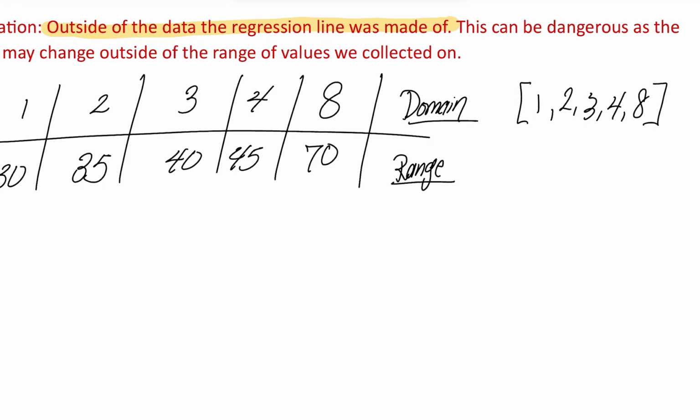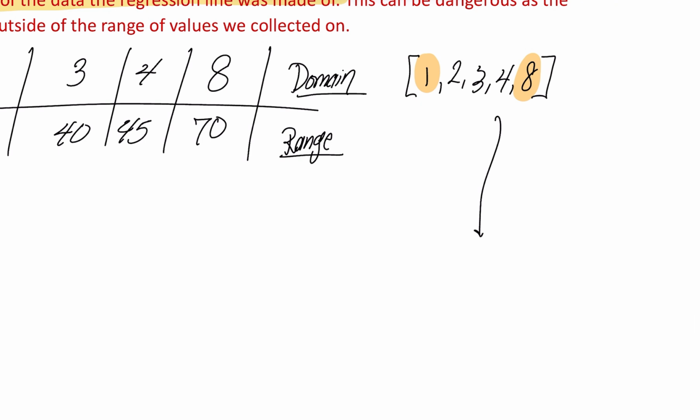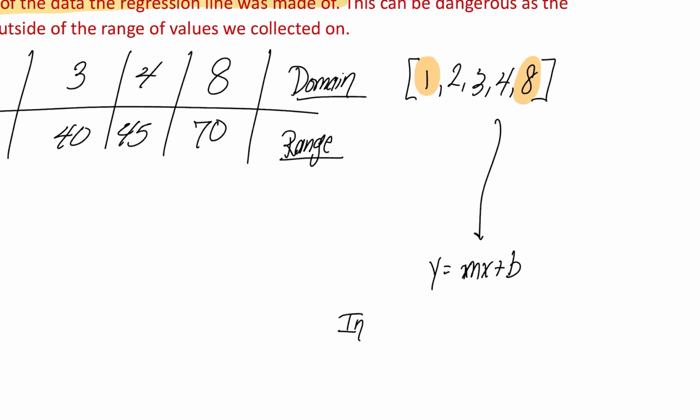But the values that I want to stress here specifically are the extreme values, our smallest number and our largest number. For interpolation, it would be looking at our regression line, which is usually in an mx plus b form. And we can use any values in between 1 and 8 and make an assumption from it. So values that we can use here would include 5, 6, and 7 if we were going through the whole number mark. We could also do decimals in between 1 and 8.